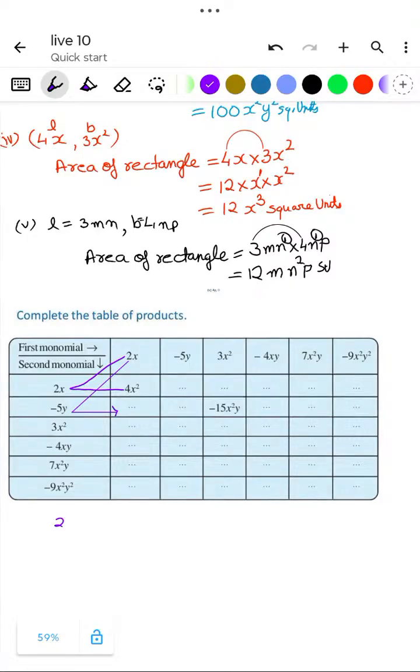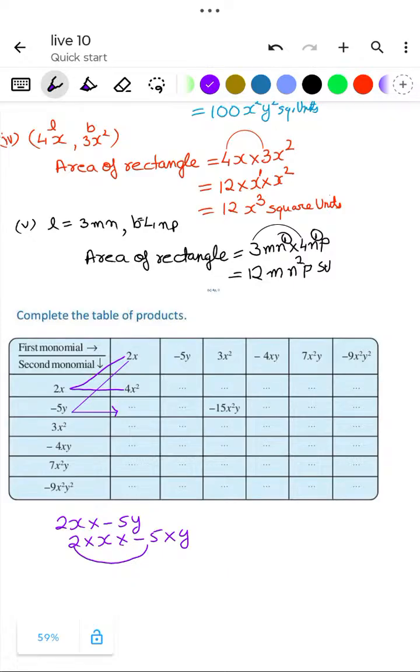So 2x times minus 5y, that is 2 times x times minus 5 times y.